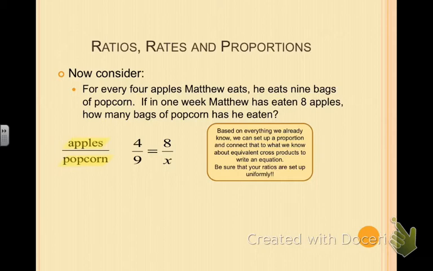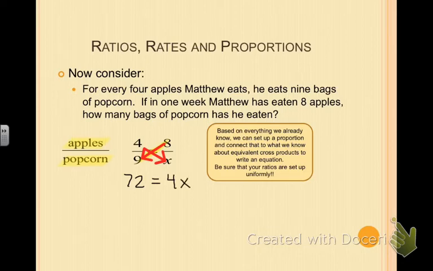Now, let's use what you already know about cross products. They are going to be equal. So, 8 times 9 equals 4 times x, giving us 72 equals 4x.